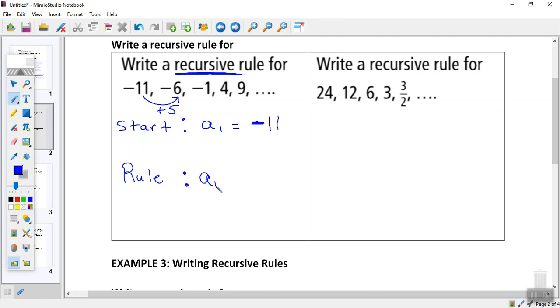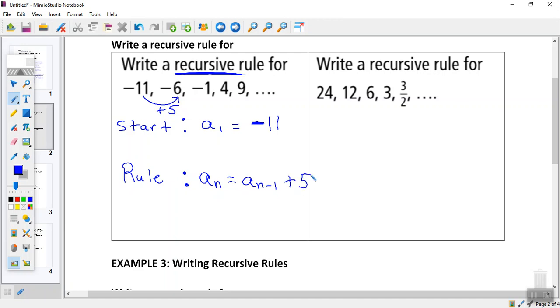We say the nth term, or the next term, is equal to the... Okay. If this is the second term, what was this term right here? First. How many positions before the second term is the first term? So if I want to get to the nth term, this term has to be how many positions back to get to the next term. So this is going to be a of n minus 1. And then what are we doing to that now term to get to the next term? We are plus 5 here.